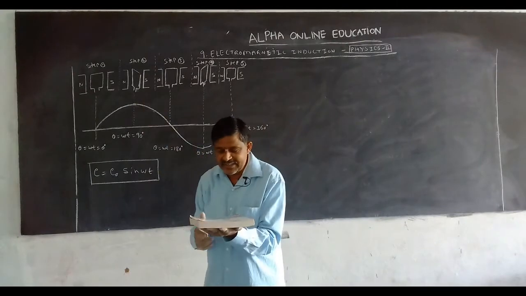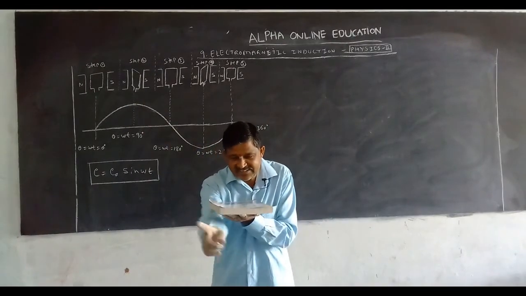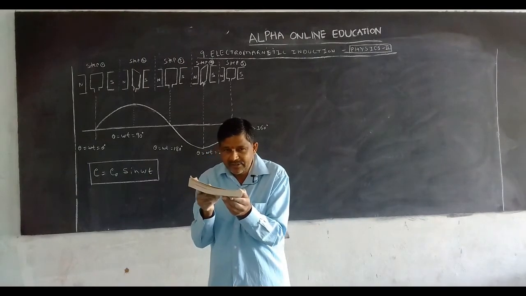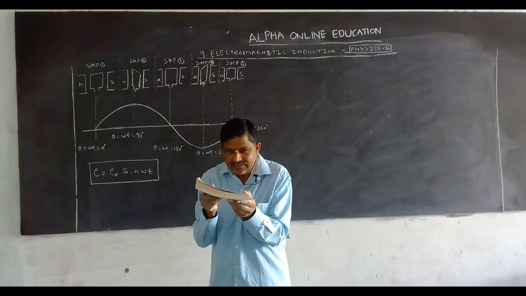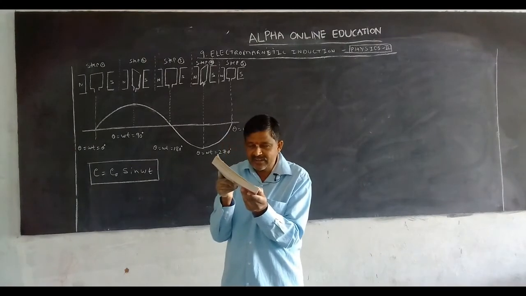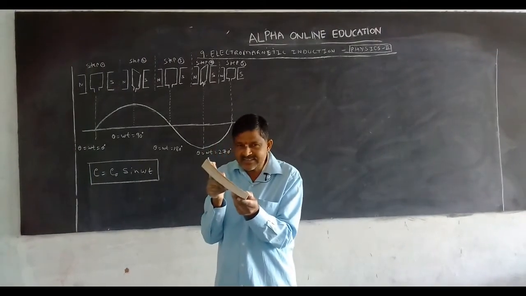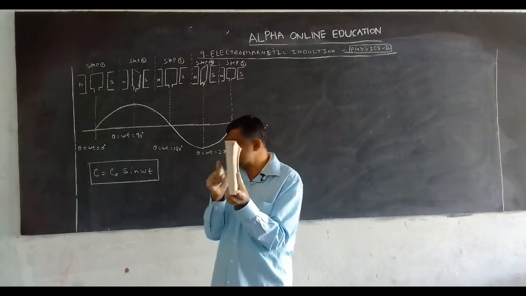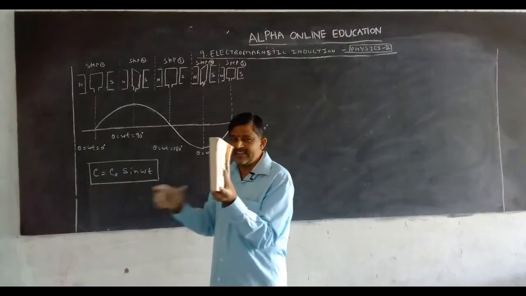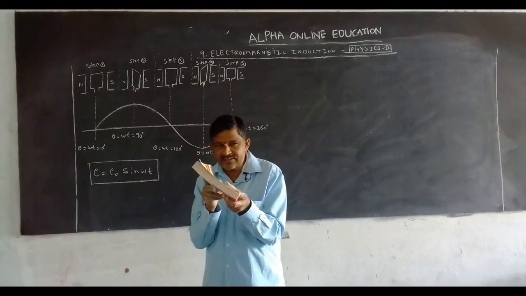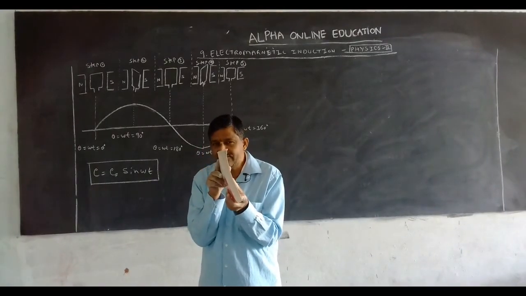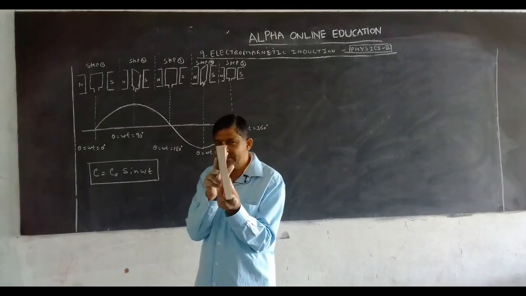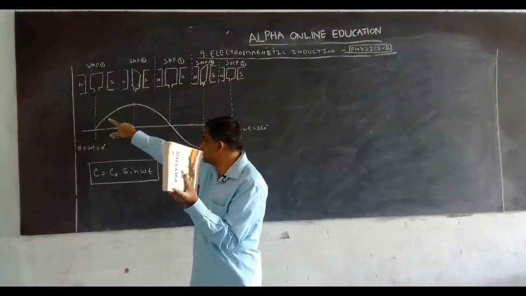Now when the axle rotates, the coil starts to rotate. When the coil starts to rotate, the association of magnetic flux increases and increases until it becomes 90 degrees. From here to here the association of magnetic flux increases, so induced EMF also increases.